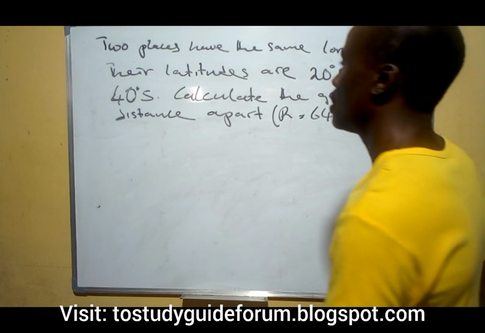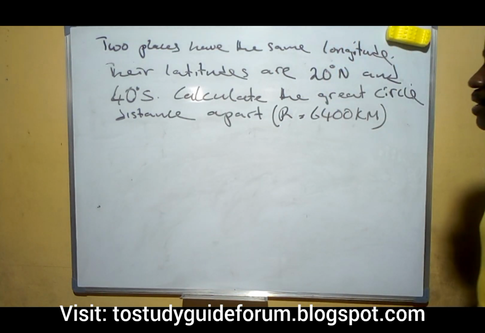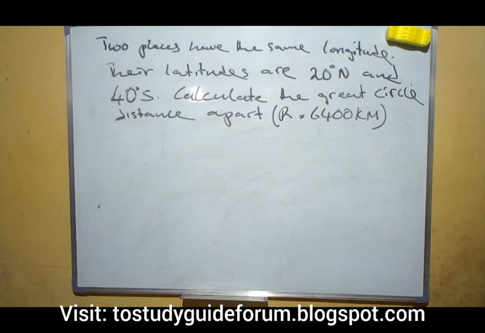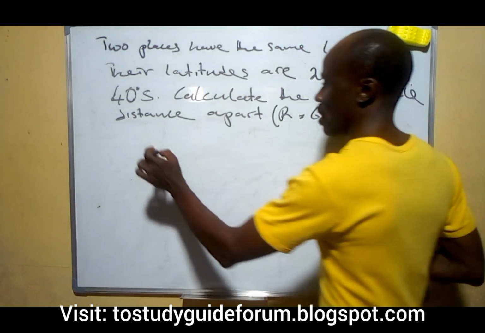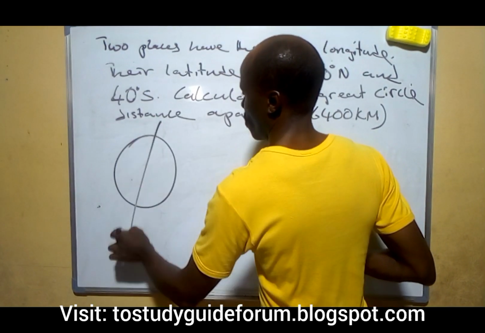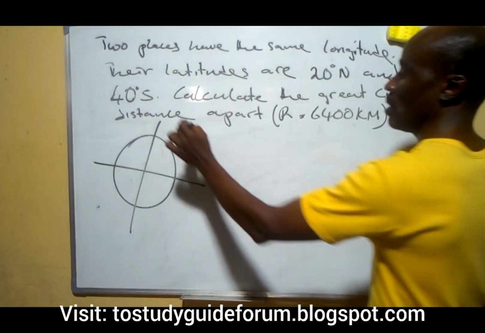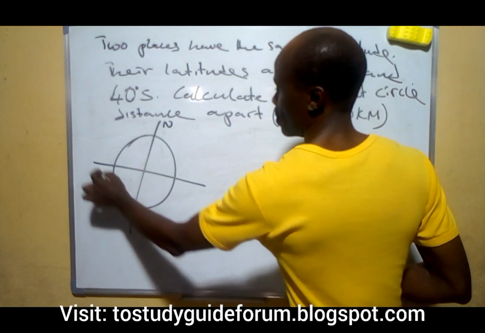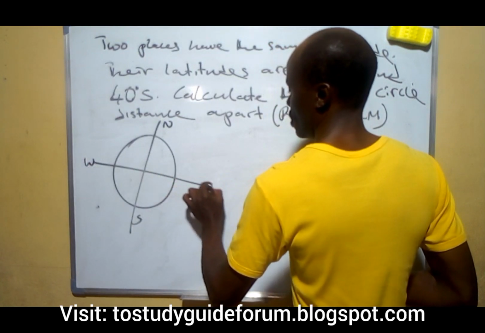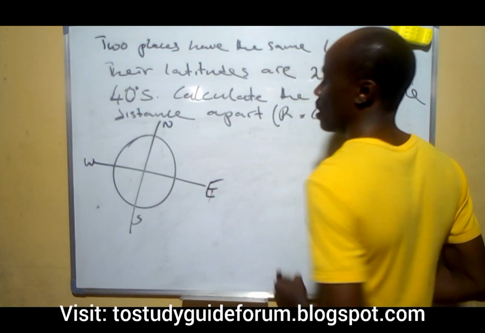So let's go ahead. In this case, we have a question that I already read out before. So let's quickly look at it. Let's say we have the circle. This is the earth surface, and then we have the north, the south, west, and east.